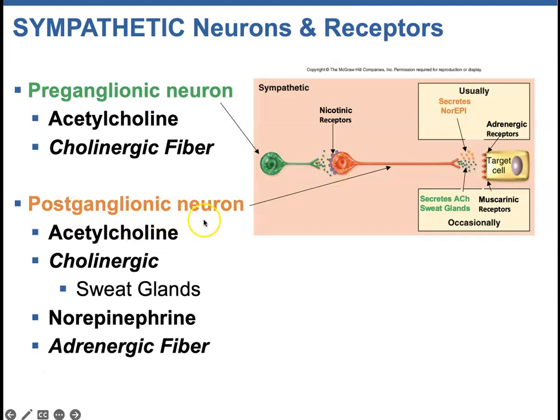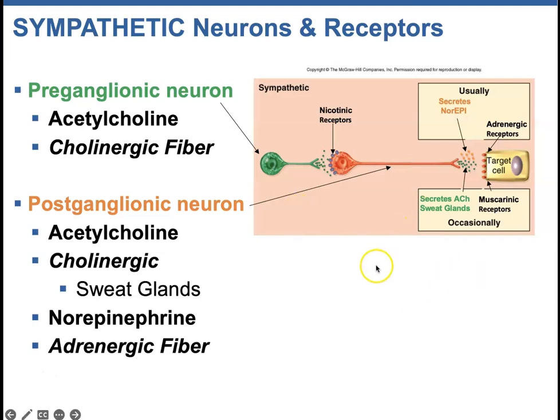The postganglionic neuron can secrete two things, either acetylcholine or norepinephrine. This is a unique thing about the sympathetic system. When it secretes acetylcholine, the postganglionic neuron is cholinergic. When it secretes norepinephrine, it is considered adrenergic.